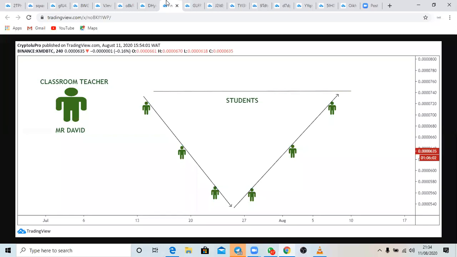That is, buyers are stronger than sellers. So when buyers are stronger than the sellers, what will happen? Price will go up. And for a downtrend, when sellers are stronger than the buyers, that is when people that want price to go down are stronger than people that want price to go up, then we'll have a downtrend. Okay, Jeffrey, what's the question on support and resistance? Let me see if I can answer.